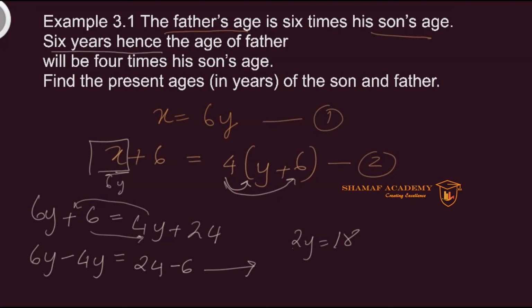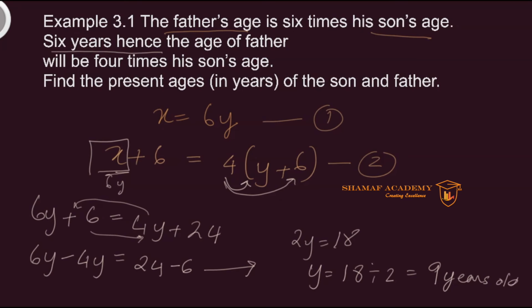But since 2 is bound to y in the form of multiplication, the opposite of multiplication is going to be division. So what we are going to do is y equals 18 divided by 2, which is 9. So the son's present age is 9 years old.